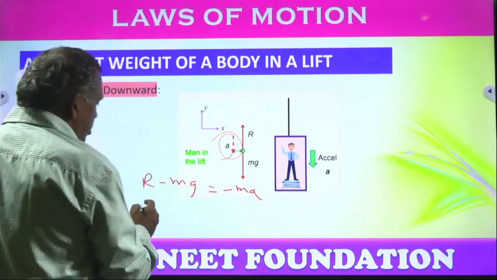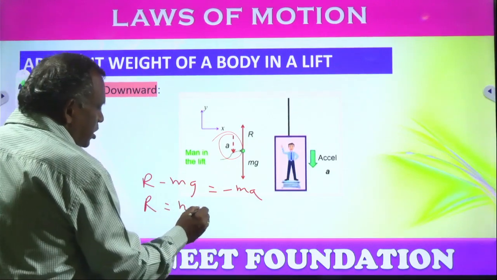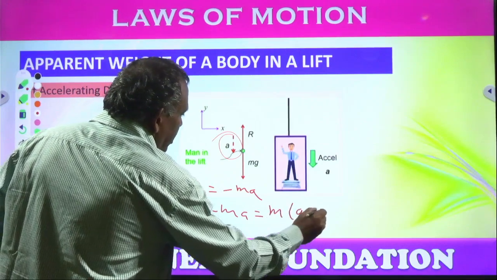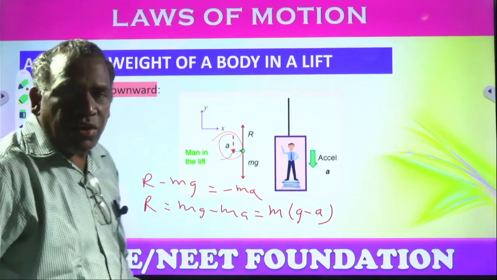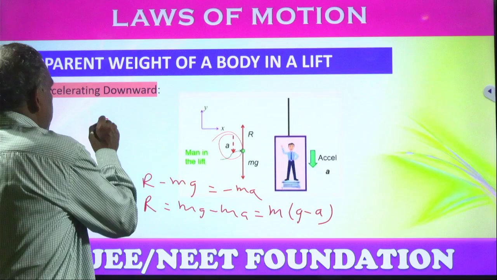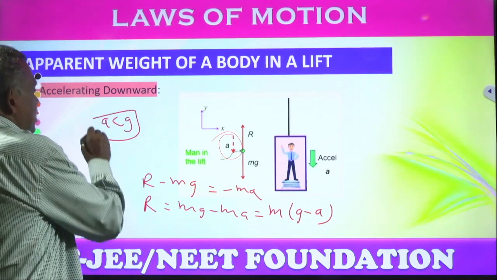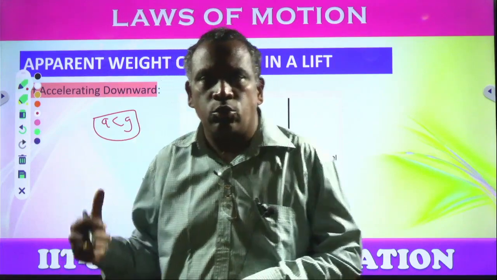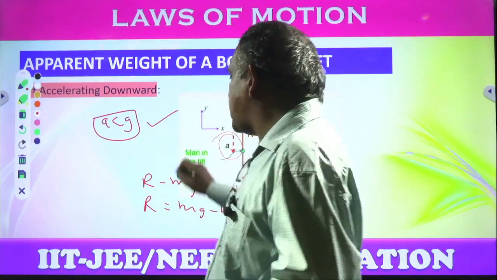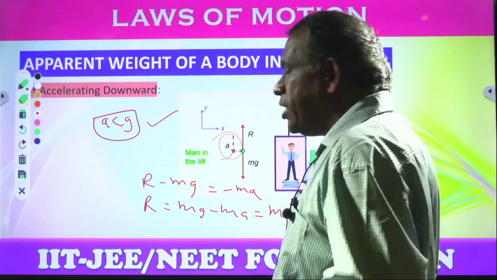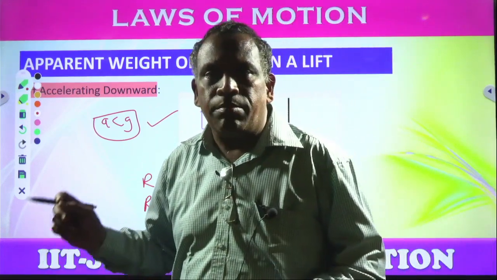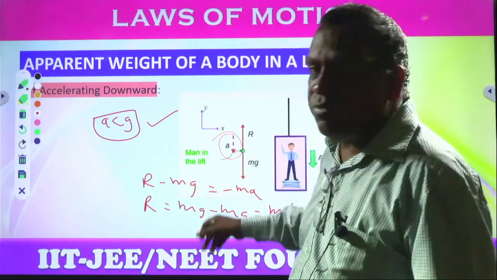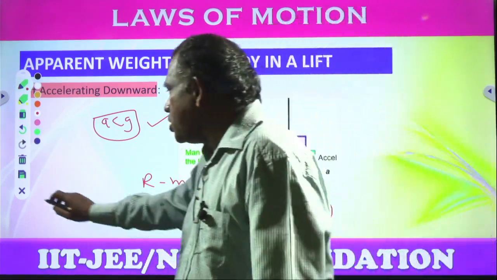You can write R is equal to mg minus ma, so m into (g minus a). Here the value of a is less than g, that you have to remember: the acceleration of the lift is less than the acceleration due to gravity. When the lift is accelerating downwards, the formula is m into (g minus a).